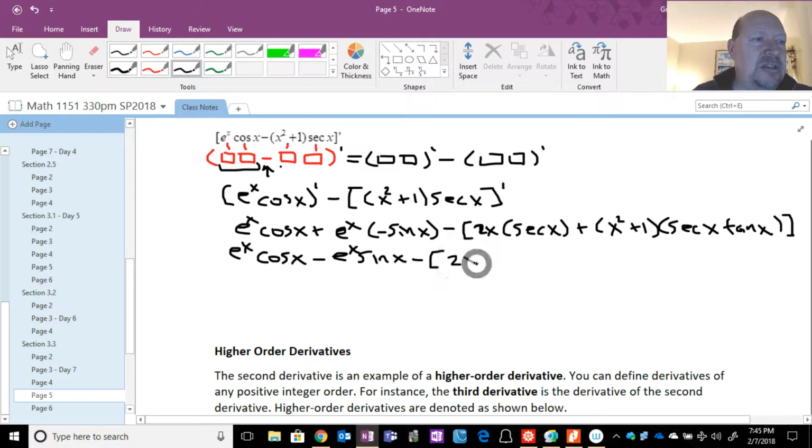This will just be 2x secant x. And now I'm going to take secant tangent x here, this secant tangent x, that's going to get multiplied into each of these terms here.